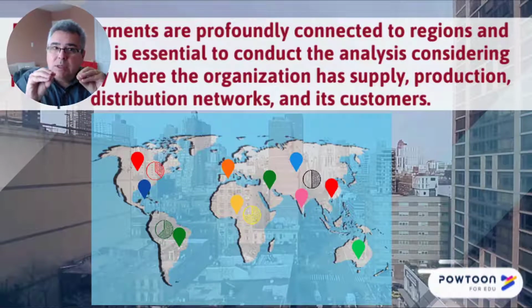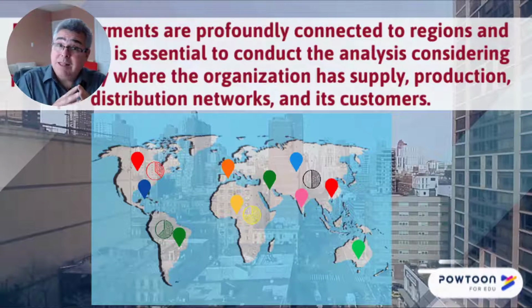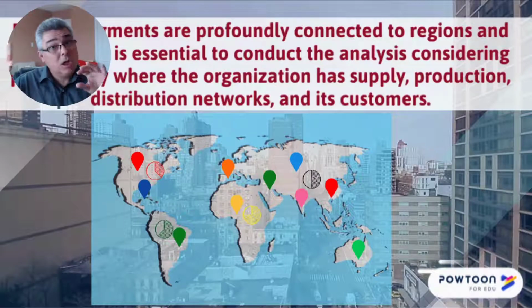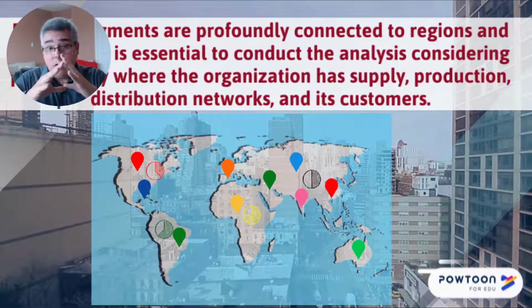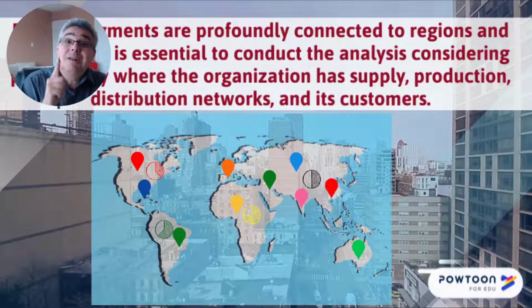You have to understand a company is not isolated in one region. Nowadays, companies buy things from other countries and they sell things to other countries. So you have to map all the supply chain, the value chain of the company, and understand where they are located. And then perform the PESTLE analysis considering the facts of that location. Very important, very critical to have a good, professional SWOT analysis.